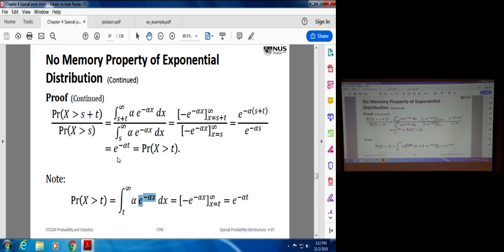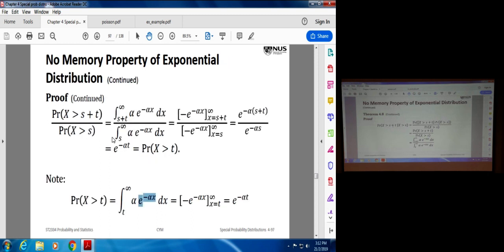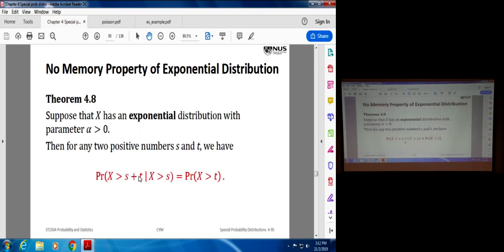So remember, what I've shown is that this thing at the end is equal to e to the minus alpha t, and that's precisely equal to the probability x is bigger than t. Or if you prefer, what we have shown is that this is equal to this. So those are the two critical steps in this approach.